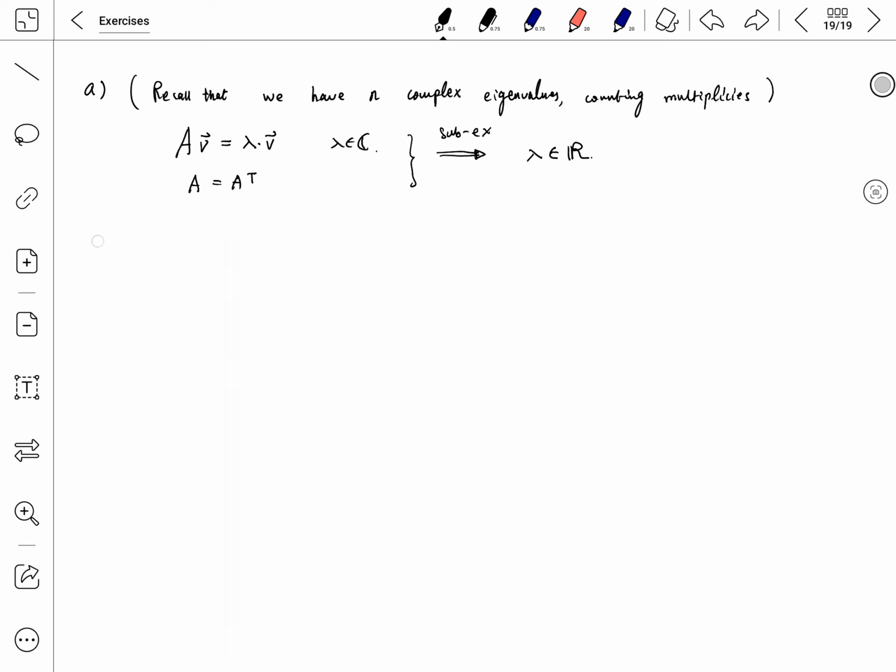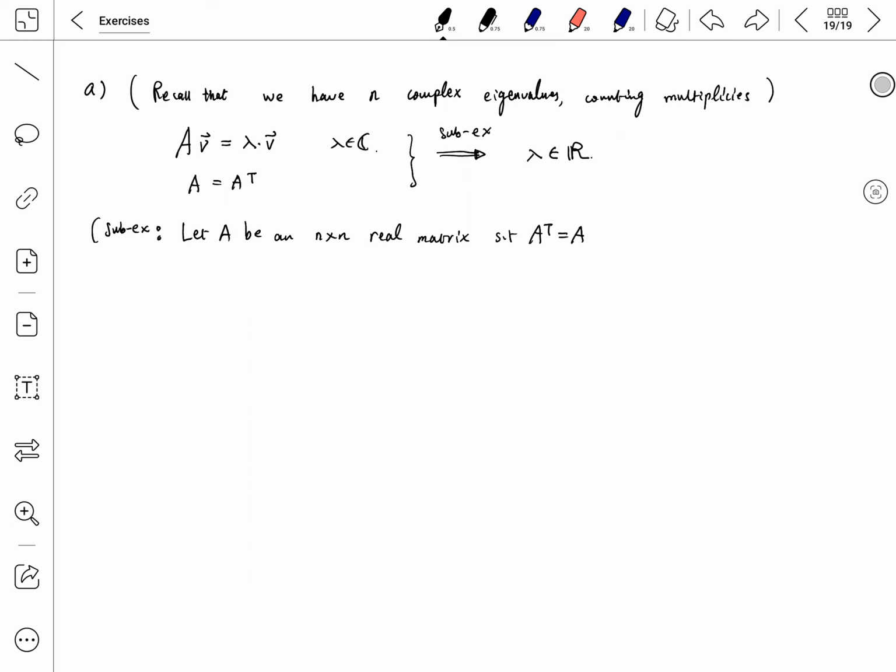So let me write down this sub-exercise. Take an n by n real matrix A such that it is symmetric.